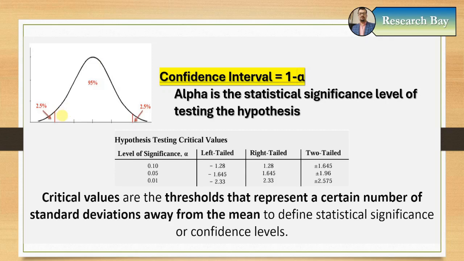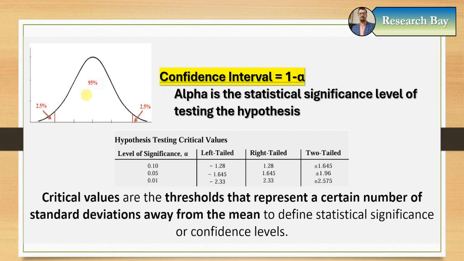So, this curve says that if I select the alpha significance level of testing the hypothesis as 0.05, that means the confidence interval will be 95%. What does it mean? It means whatever result I'll be getting, I'll be sure that it will be quite right 95% of the times. There is just a scope of error of 5%.